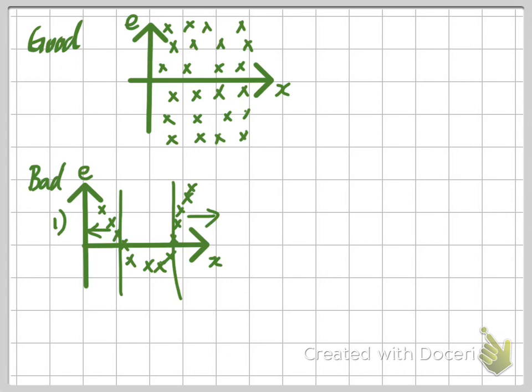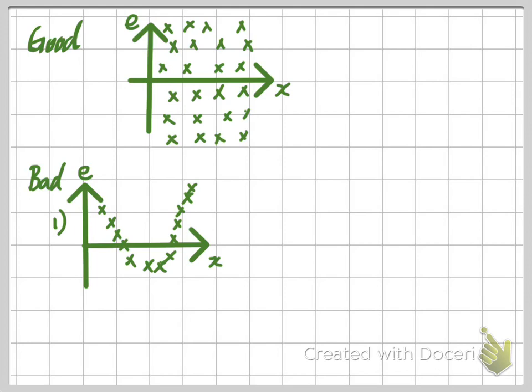So for our residuals, or in other words for our linear regression model, this is not good. In some parts our estimation is too small, in other parts too large. So this is an example of a bad plot.